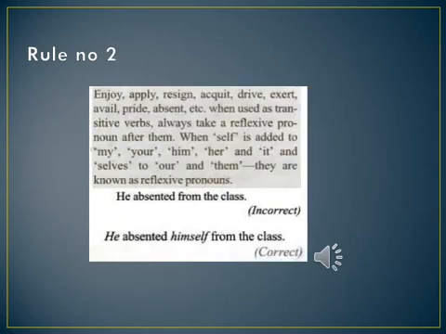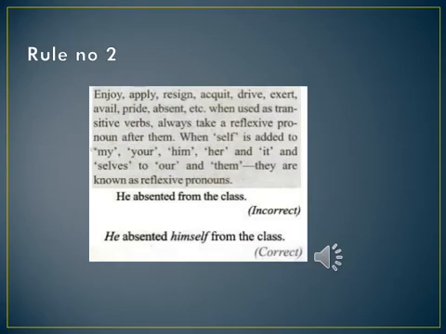Rule number 2 on spotting the errors. There are some verbs which, when we use them as transitive verbs, always take a reflexive pronoun after them.